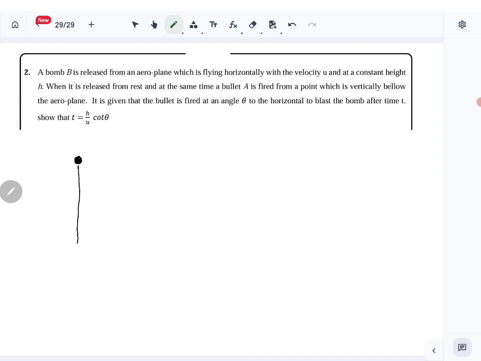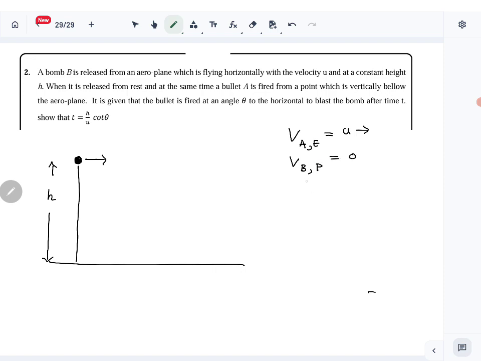The aeroplane is going horizontally, so we have what? V of the aeroplane relative to earth is U in this direction. V of the bomb relative to the plane is what? 0, no? Then V of the bomb relative to earth is what?